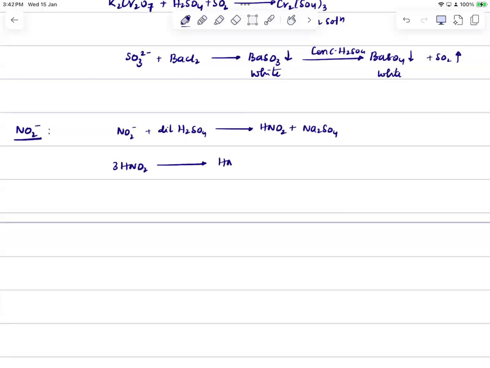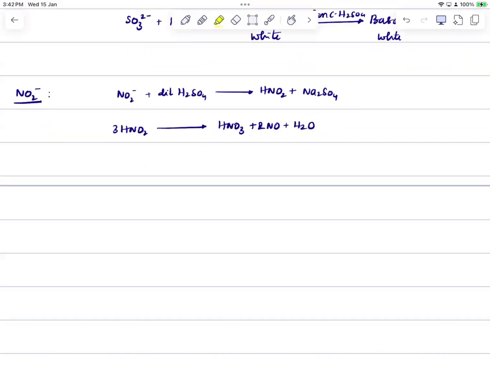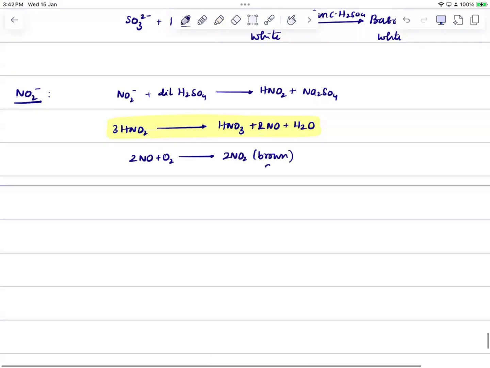It will undergo disproportionation to HNO3 and 2 moles of NO gas plus H2O. This is an important reaction even from an inorganic point of view, guys, so remember this reaction. Now 2 moles of NO, when you expose this to air, aerial oxidation will take place and convert into a brown color gas. That brown gas is NO2.